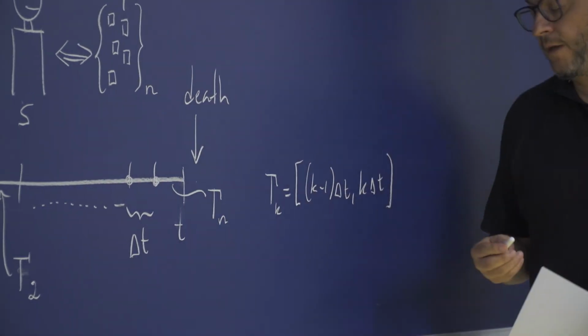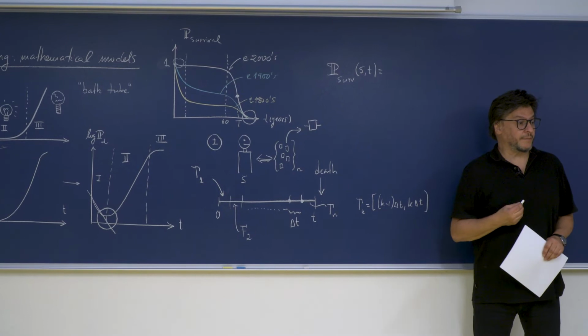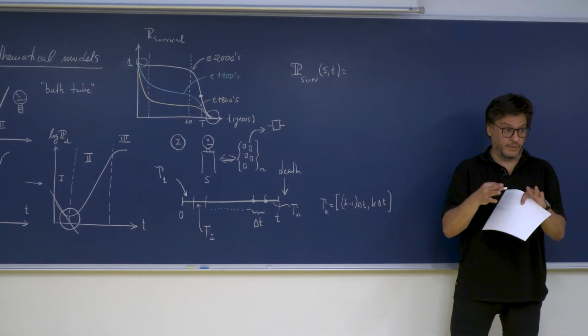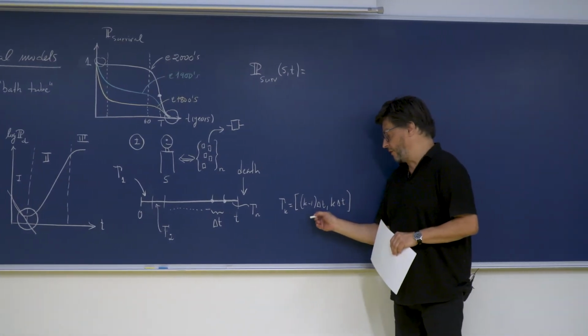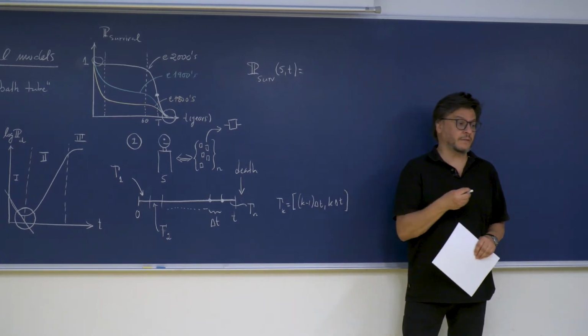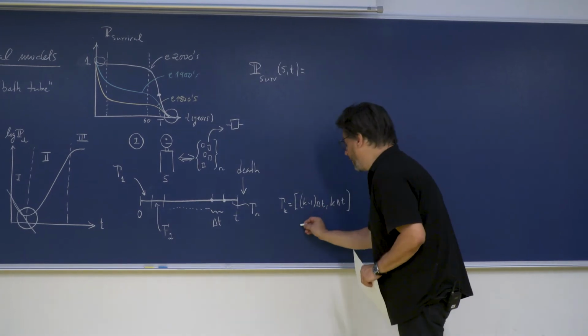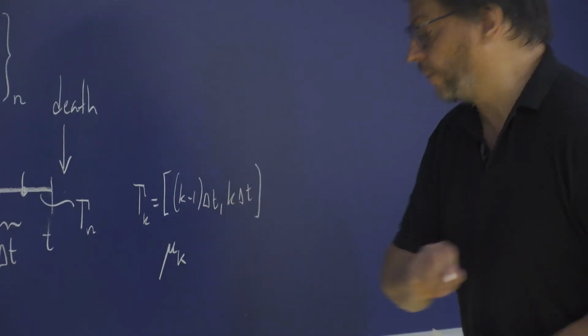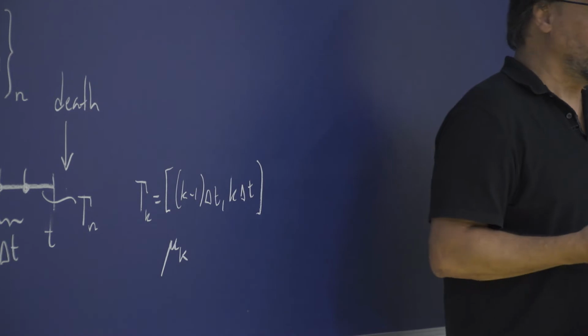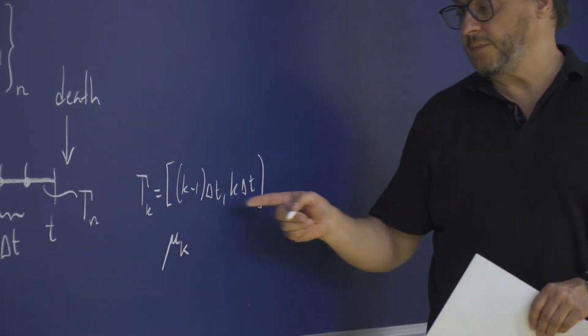Now, what assumptions can I make? Well, within each arbitrary interval, because this is an arbitrary time scale, I'm assuming that there's some instant death rate, mu k, that I assume constant over this specific interval.